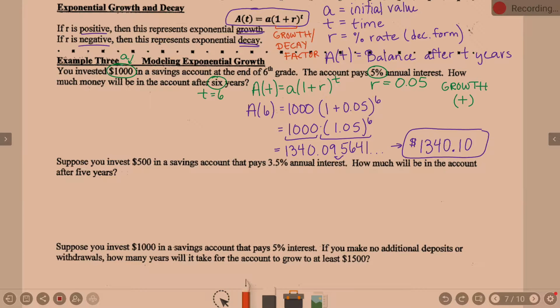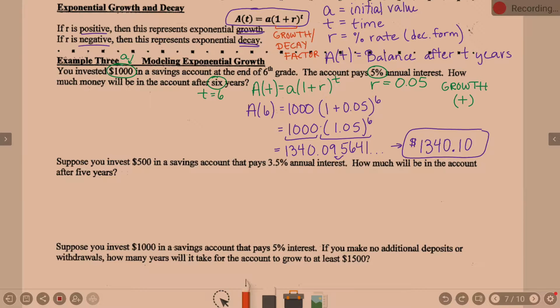Okay, suppose you invest $500 in a savings account that pays 3.5% annual interest. How much will be in the account after 5 years? Do you know enough to stay a step ahead of me here?